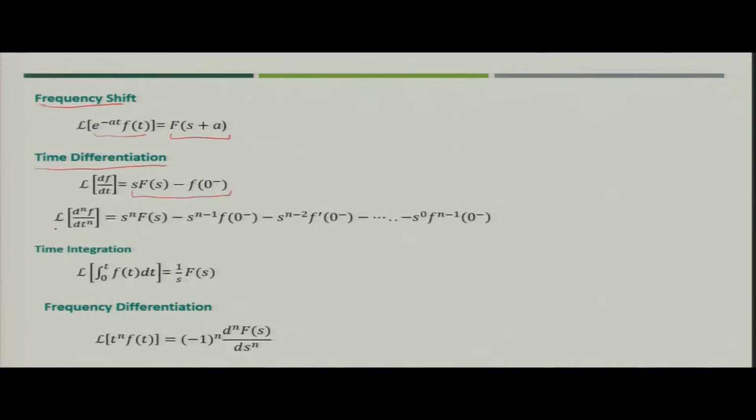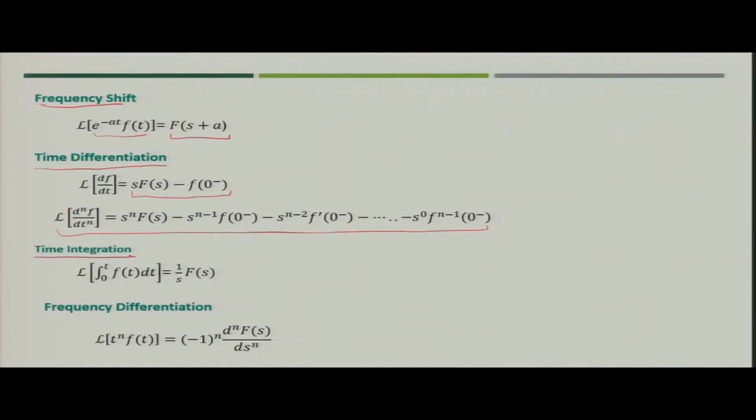We can generalize this for the nth derivative of the function: its Laplace transform would be s to the power n F(s) minus s to the power n minus 1 f(0), minus s to the power n minus 2 times the first derivative of the function at 0, and so on. This gives you the Laplace transform for the nth derivative of a function.